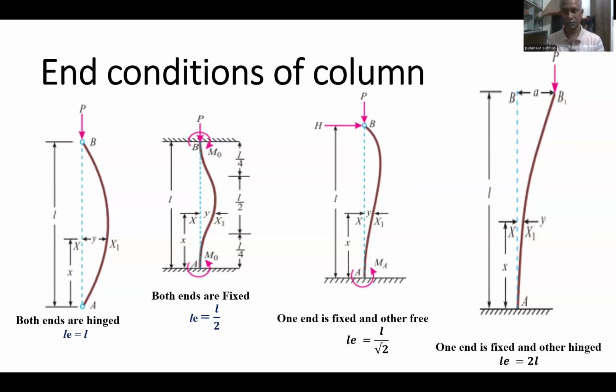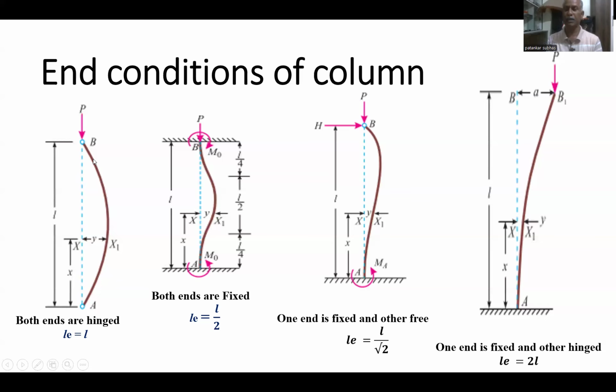Generally in many apartments there are no walls at the ground floor, and provision is given for parking. In that case, both ends are hinged. So these are a few examples, but definitely this is the bending effect.